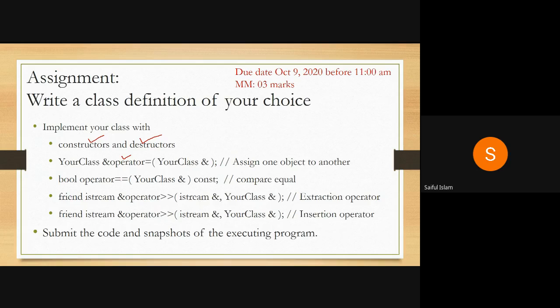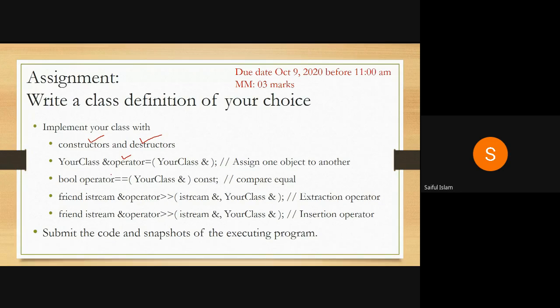Then define an equal operator. The purpose of the equal operator is to check whether two objects are the same or not. When we say two objects are the same, it may be that their values are the same or their addresses are the same. Any definition that you provide is okay.